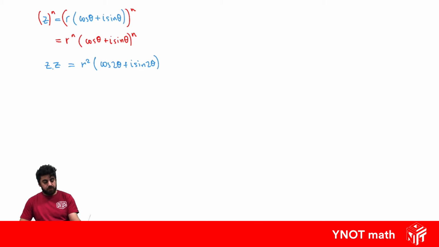And multiplying two complex numbers z together, it's the same thing as r outside of cos theta plus i sine theta all squared.